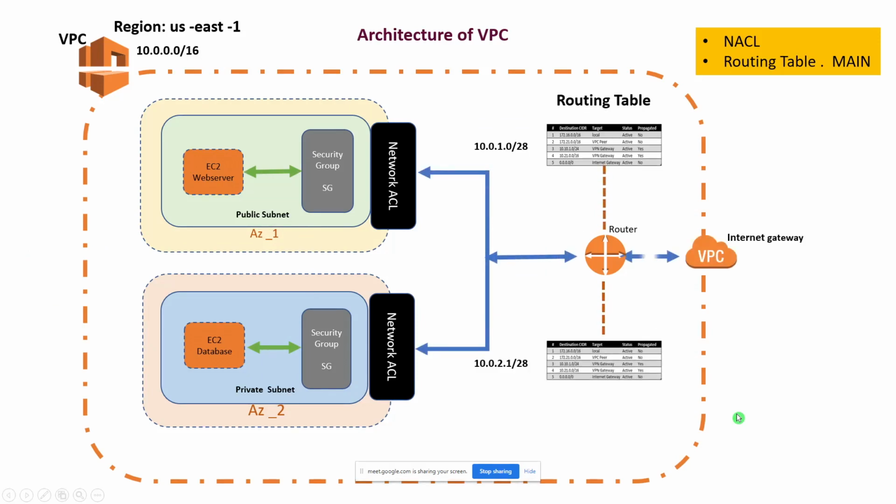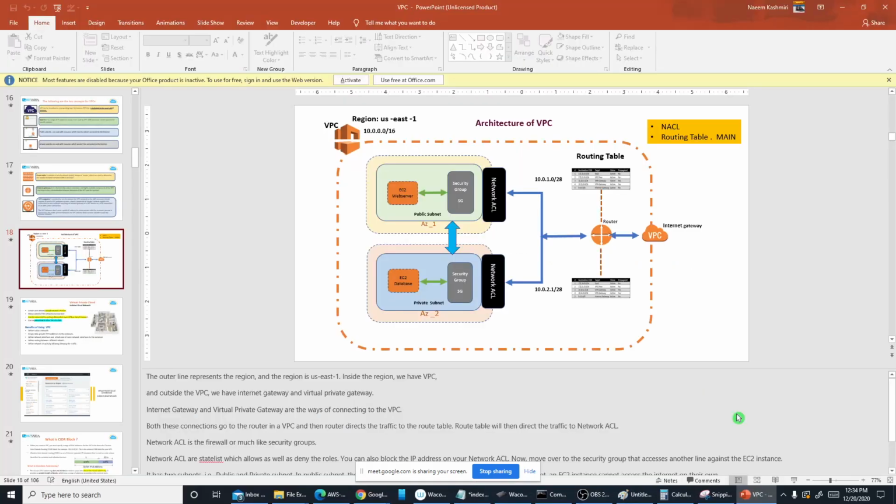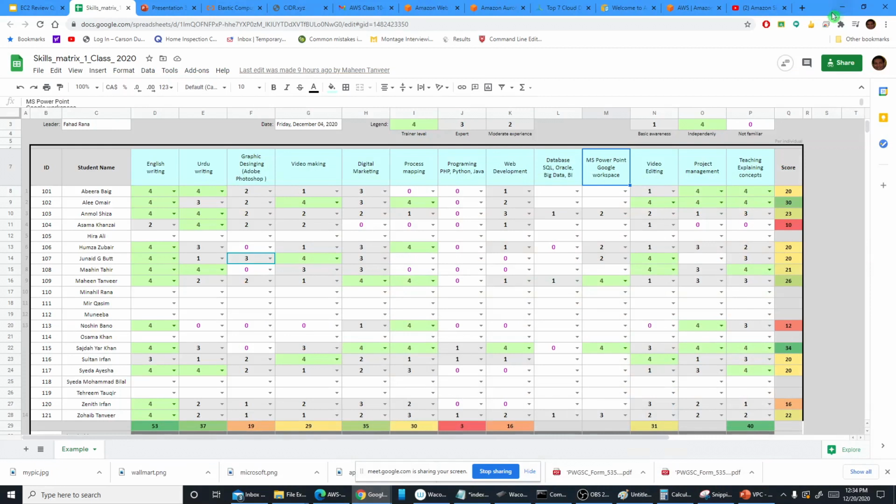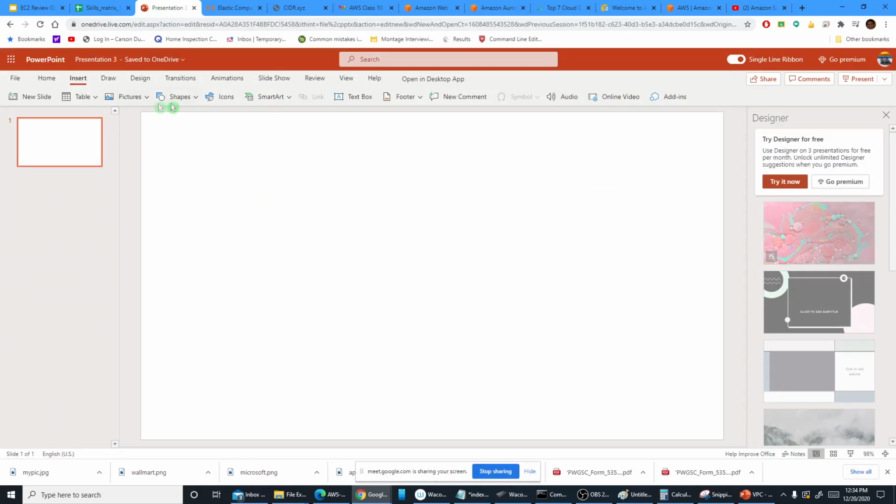I showed you in a flow, so first we have to take a plot. Exactly. So what's the name of the plot in cloud? So we will create a VPC, right. No, the first thing is you have to select the area, so it's a region. Right, we will select the region. Exactly.